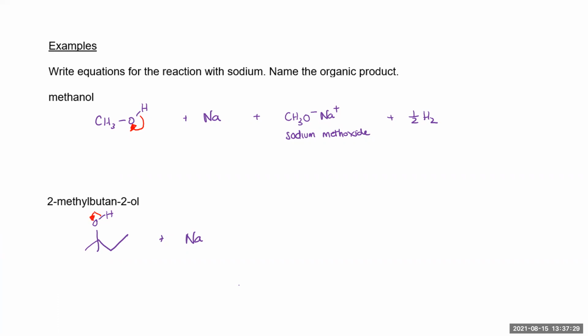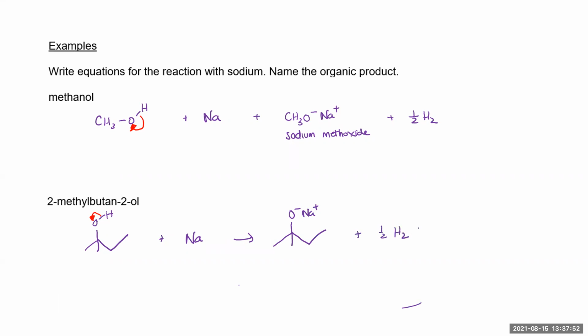So we have a double-headed arrow there. The sodium is going to give its electron to that H+ to make hydrogen gas. So we end up with this compound here, and half a mole of hydrogen gas.